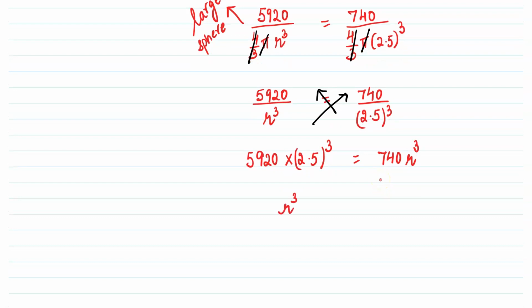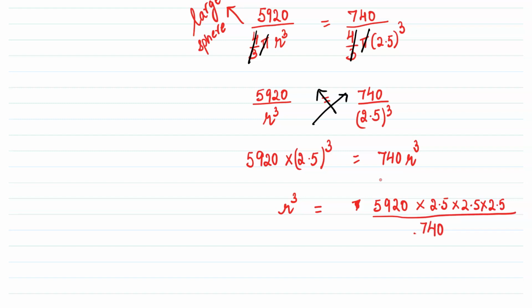So, let's rearrange this equation in order to find out the value of r cube. So, we get 5,920 into 2.5, I am just expanding this expression, 2.5 cube, I am multiplying it 3 times, divided by 740.